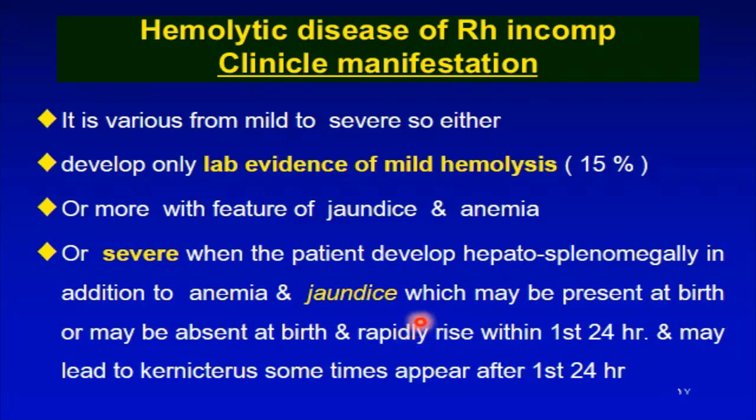The jaundice may be present at birth or may be absent at birth and rise rapidly within the first 24 hours and may lead to kernicterus, sometimes appearing after the first 24 hours.